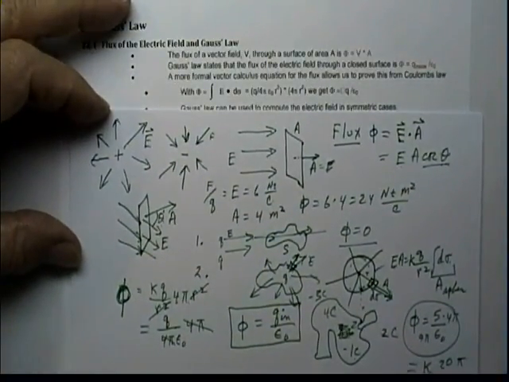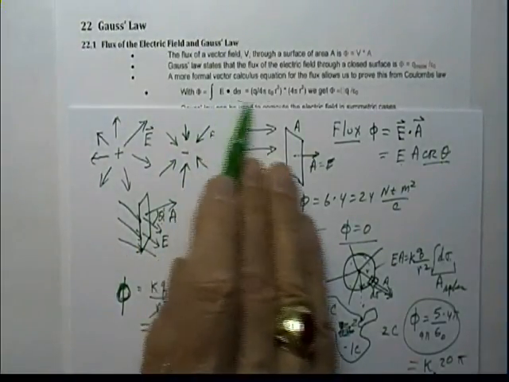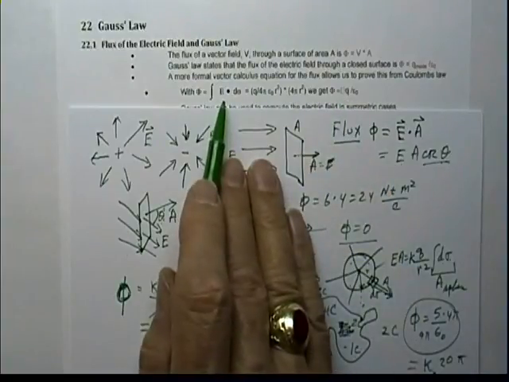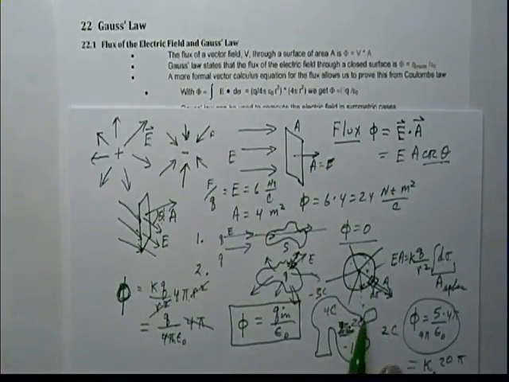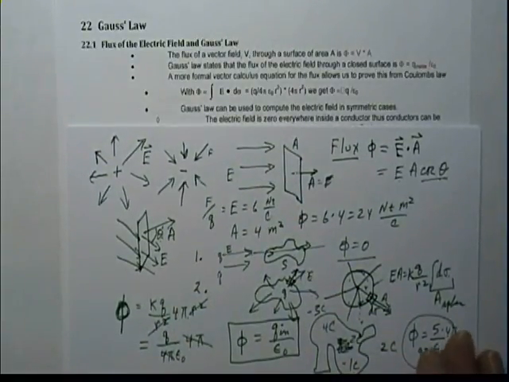A more formal definition in vector calculus is given, as we said right here, where we integrate that over the whole surface. And for those of you who are familiar with calculus, you do get this very difficult integral over this whole surface, and that's the representation of it.